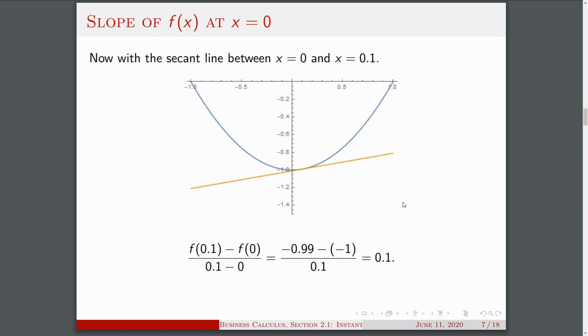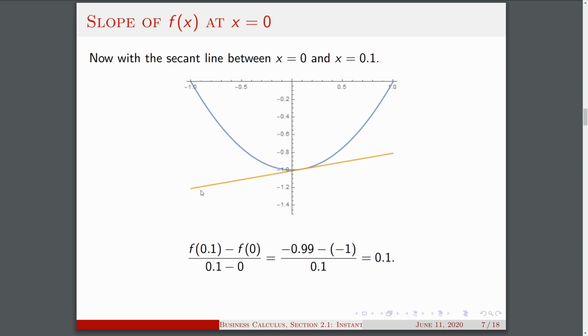Now I'm going to bring that second coordinate, point 1, much closer to the point that I actually care about, which is x equals 0. So instead of x equals 1, I'm going to use x equals 0.1. When I make the line between those 2 points and find that slope using our slope formula again, I get 0.1, not 1, but 0.1.